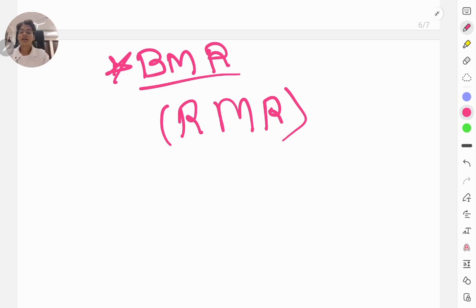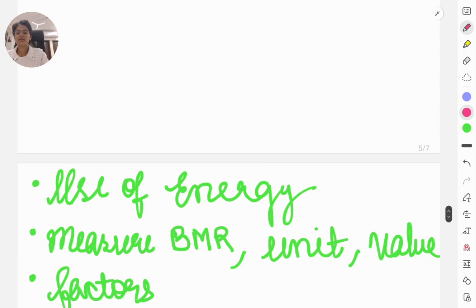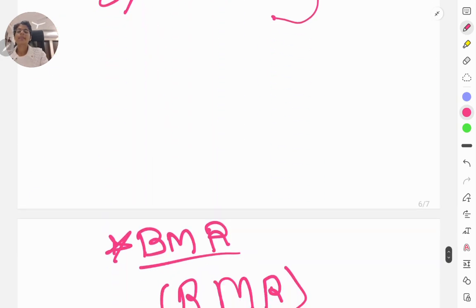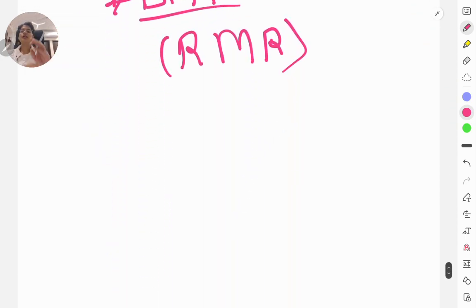Now for the measurement of BMR, let's see. For this we need to first make the subject ready. The subject is the person whose BMR we are going to take. So there should be a proper room temperature. We have to see that the person is in the post absorptive state. He or she must be awake.